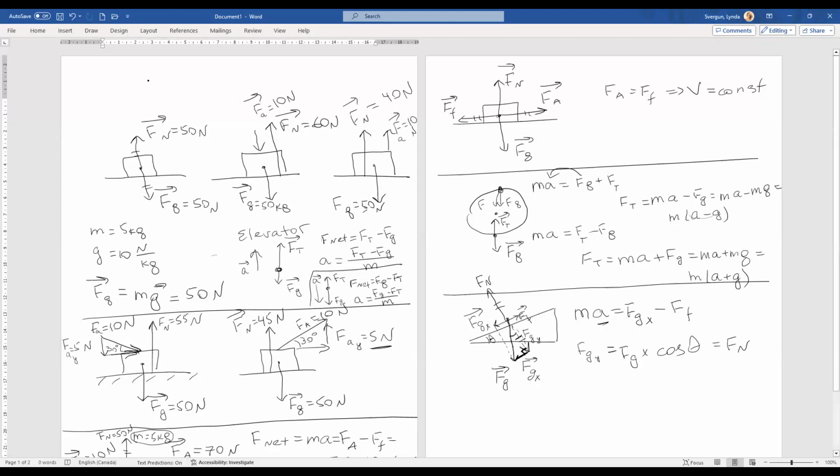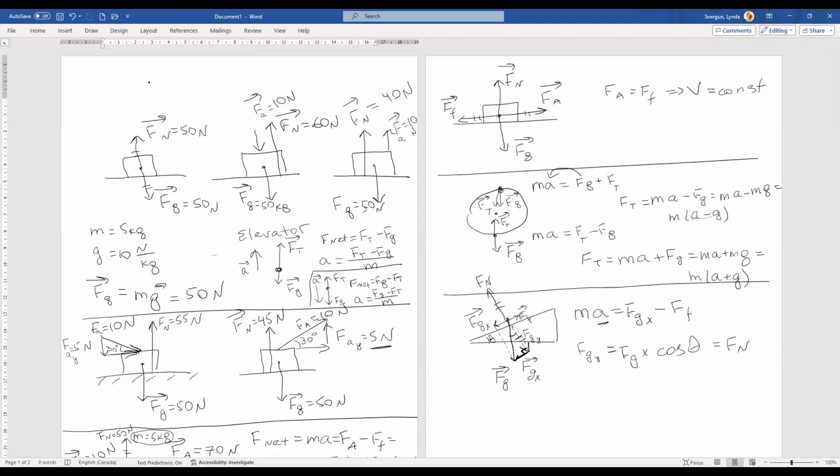For situation when object is up, force of tension is down, it's along the rope towards the center of the circle. Force of gravity is down because force of gravity is always towards the ground. So two forces are in the same direction, so net force will be sum of those two forces. So typical questions are usually how to get acceleration or how to get force of tension.